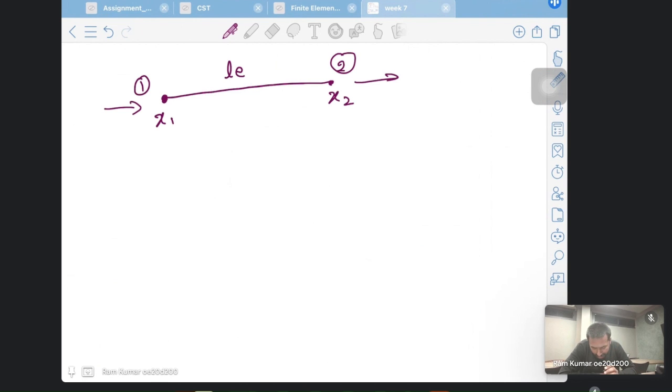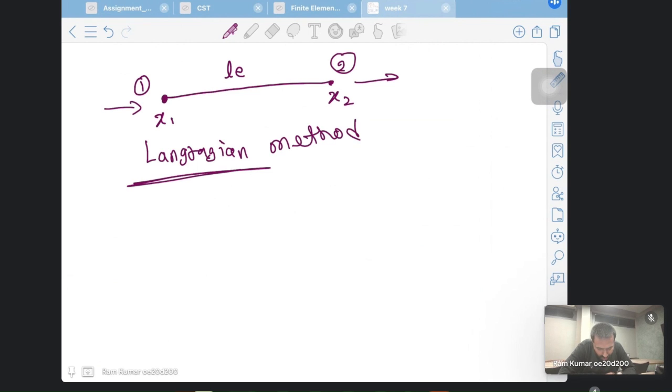You have probably heard the name Lagrangian somewhere. So how do we find the shape function by using the Lagrangian method? I think you know how; I want to write n1.